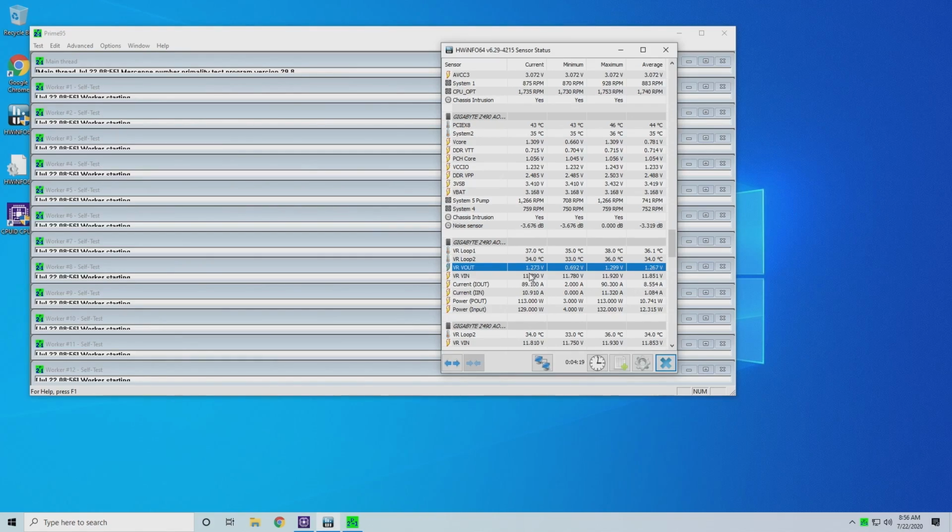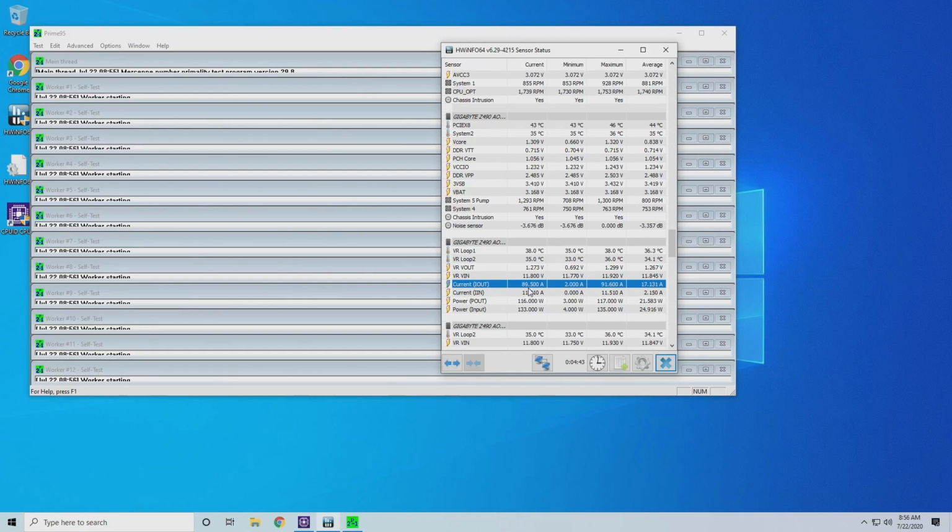But okay, so now it's running, and we can see that with the 0 offset, we're getting a 1.27 volt reading at the CPU. vCore is showing about 1.309, but again, we're going to trust the 1.275. That should be a much more accurate reading.